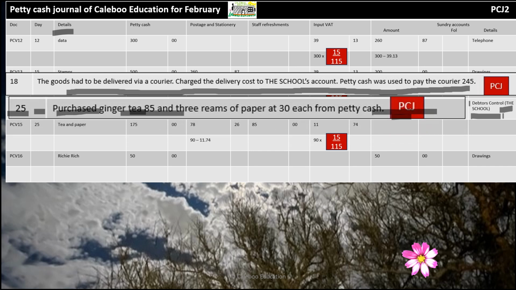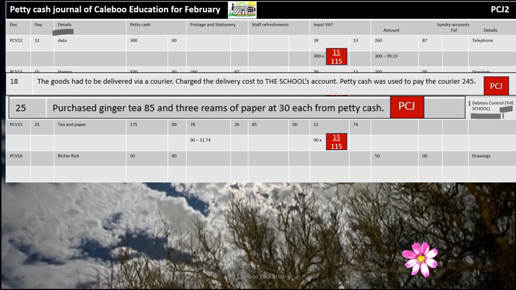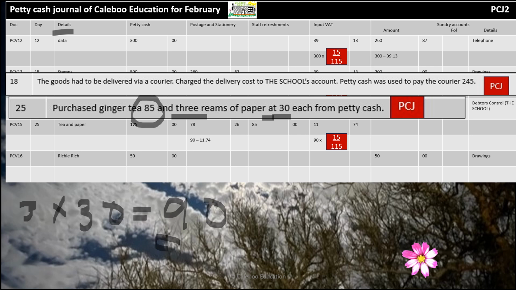The next transaction, what we did was we made a purchase of some ginger tea. It's good for you. And then there were also reams of paper that were bought for the printer. There were 3 reams of paper at 30 Rand each. 3 times by 30 is equal to 90, plus the 85 is equal to 175.